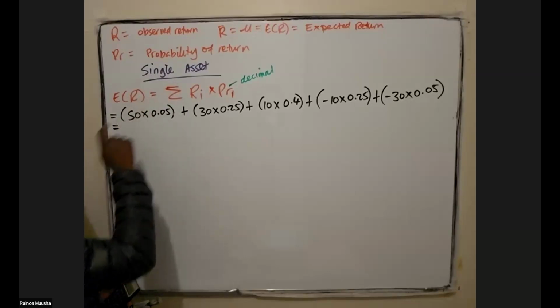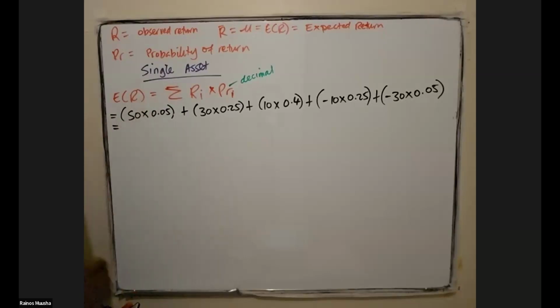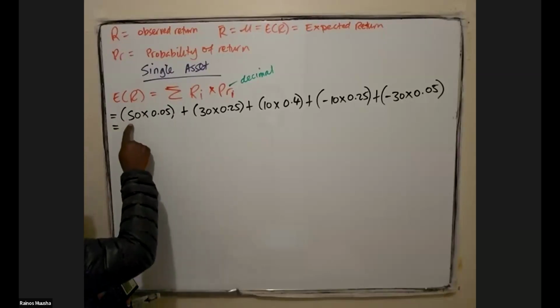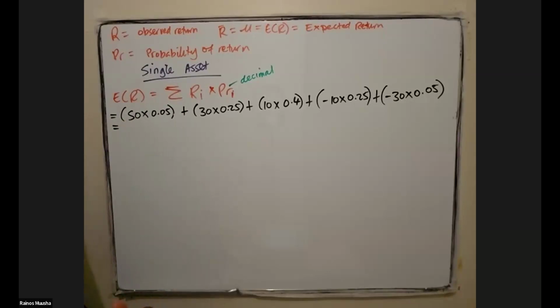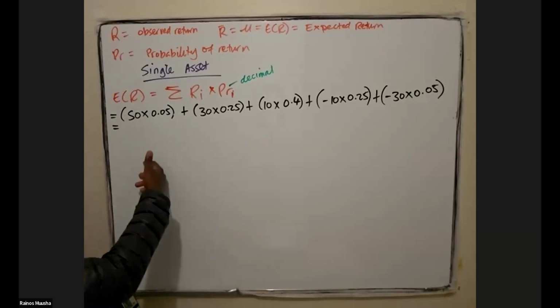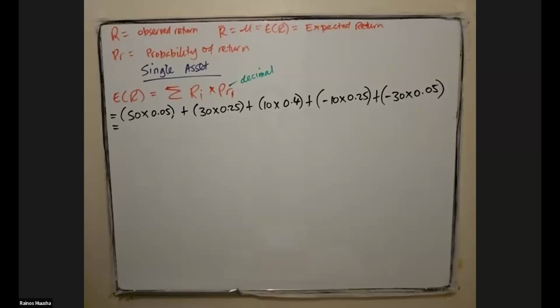The follow-up question can also be to calculate the variance and the standard deviation, which means if you got the expected return wrong, the variance and the standard deviation are also going to be wrong, so you end up losing marks as well. So the main idea behind market risk is you must always make sure that you master the use of your calculator. Very, very important.